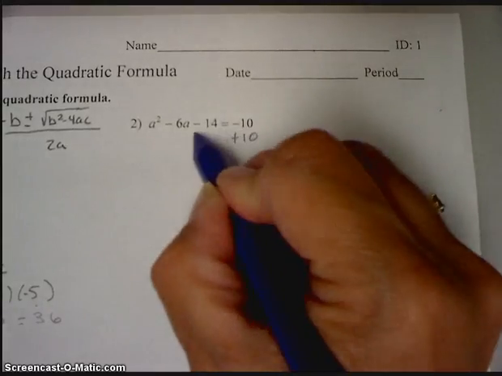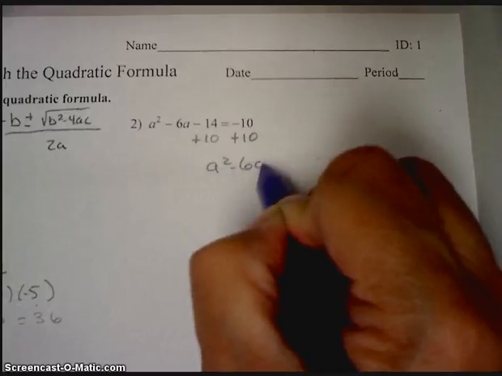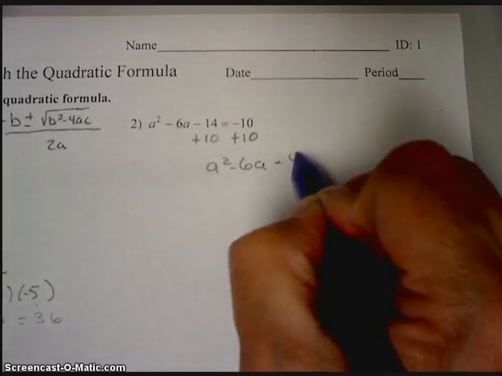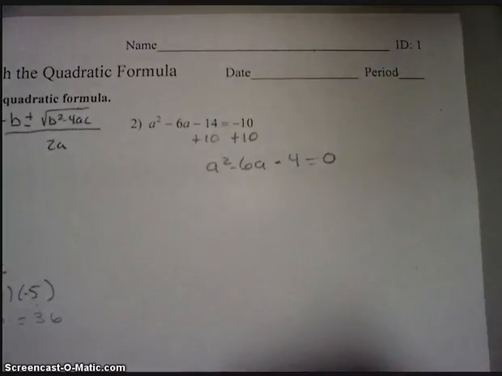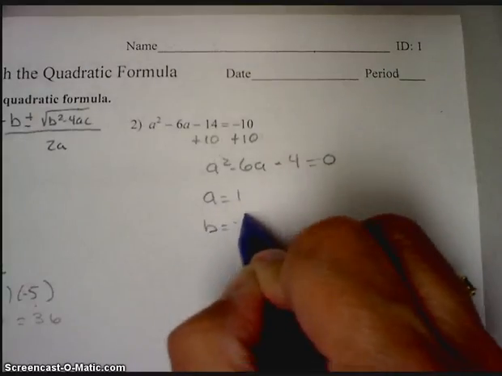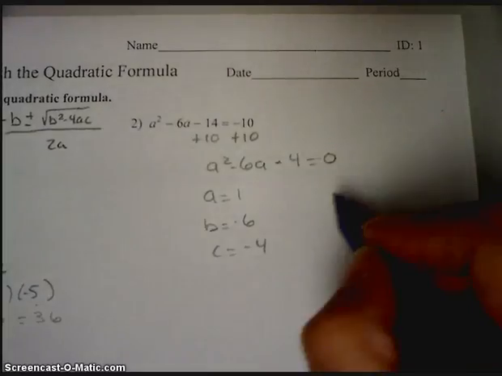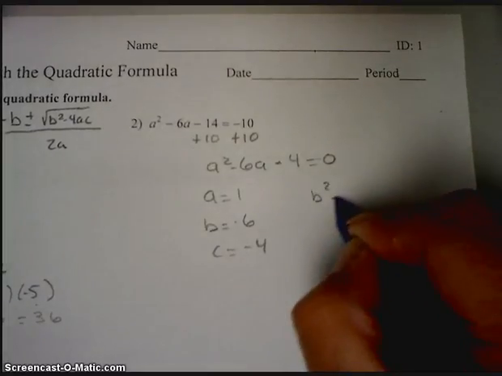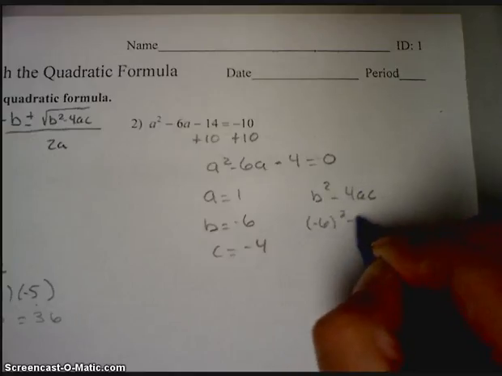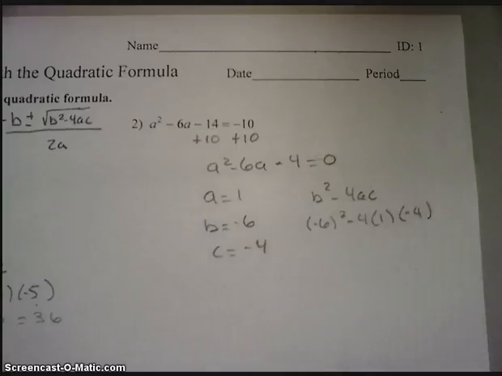Okay, my second example here, I notice it's not equal to 0, so that's the first step. I'm going to add 10, and I get a squared minus 6a, negative 14 plus 10 is going to give me negative 4, equals 0. Let's identify: my a is 1, my b is negative 6, my c is negative 4. Calculating the underneath, b squared minus 4ac, I get negative 6 squared minus 4 times 1 times negative 4.